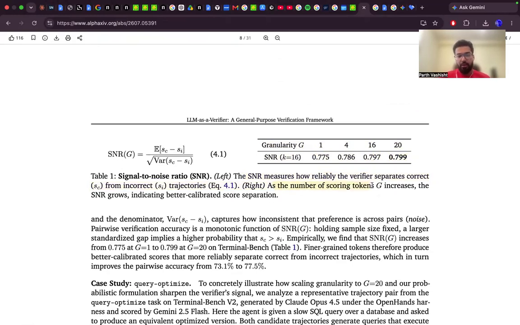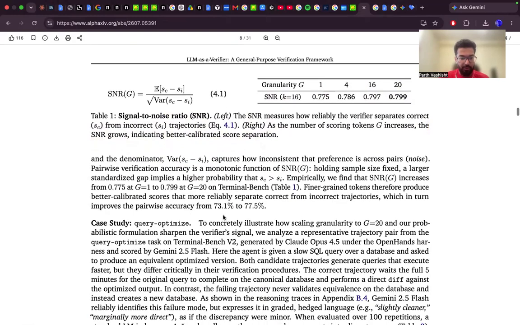As the number of scoring tokens G increases, the SNR grows, indicating better calibrated score separation. And it's converging to 20. Interesting. And the variance denominator, var of S_C minus S_I, captures how inconsistent the preferences are across pairs, which is the noise.